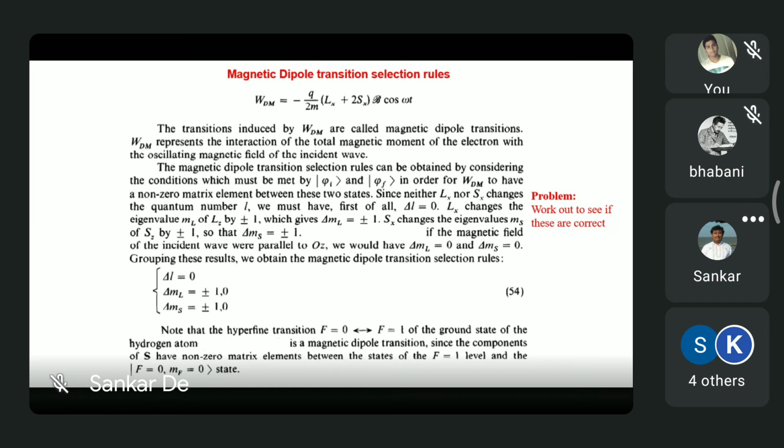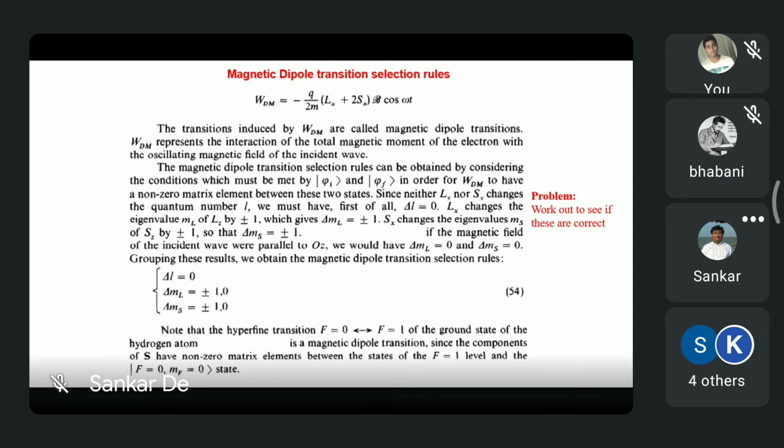So if the magnetic field is parallel to the propagation axis, then you will have the selection rules delta ML and delta MS as 0. And if it is perpendicular to the propagation axis, then you will have the selection rules as plus minus 1. We will find out more about this in the Zeeman effect.